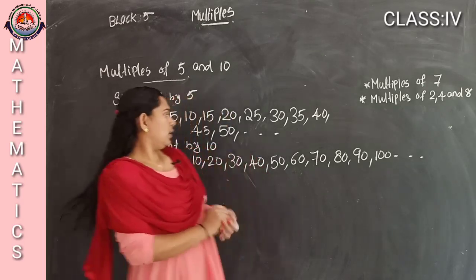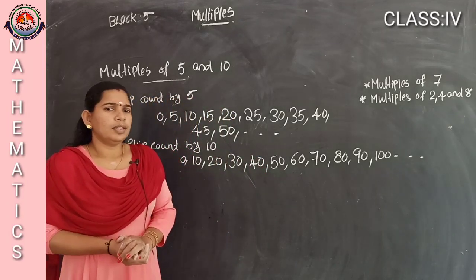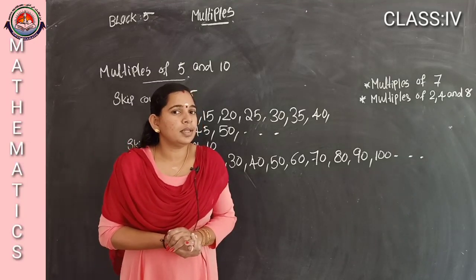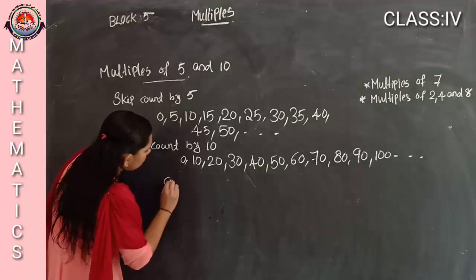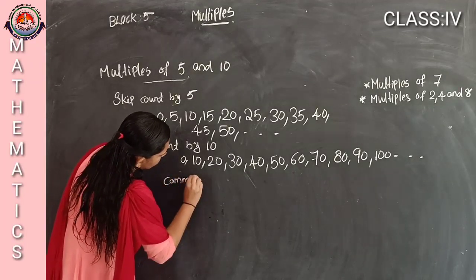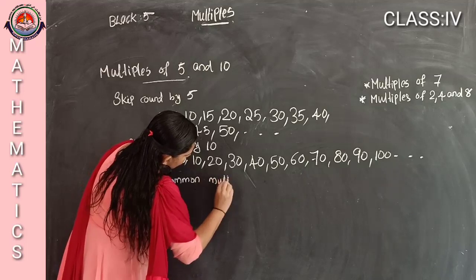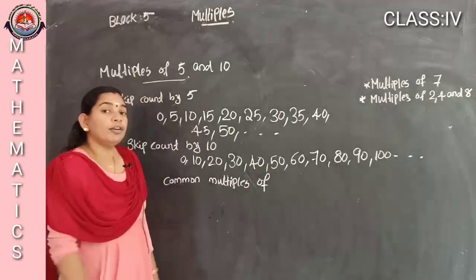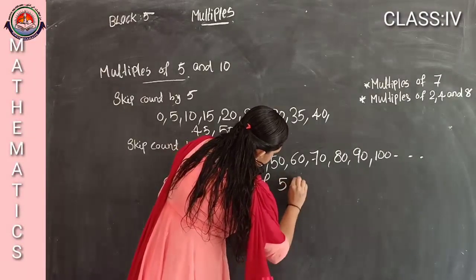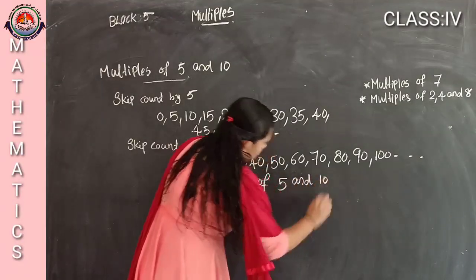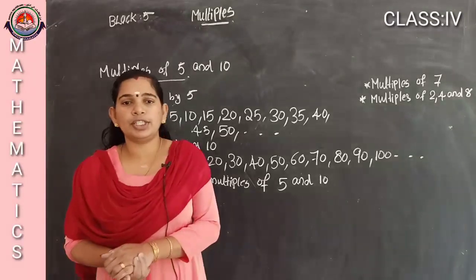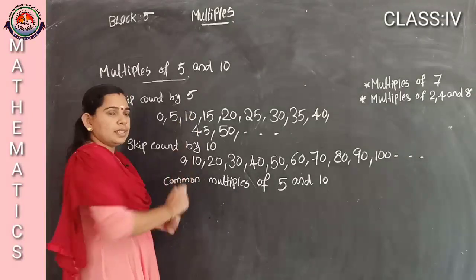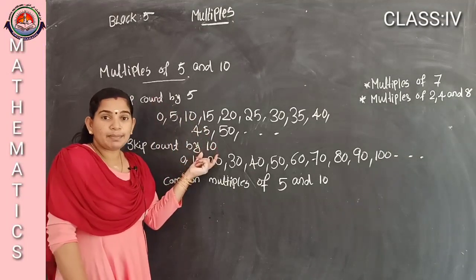Then, in the previous class we discussed how to find the common multiples. Now find the common multiples of 5 and 10. From these two lists, this is multiples of 5, this is multiples of 10.